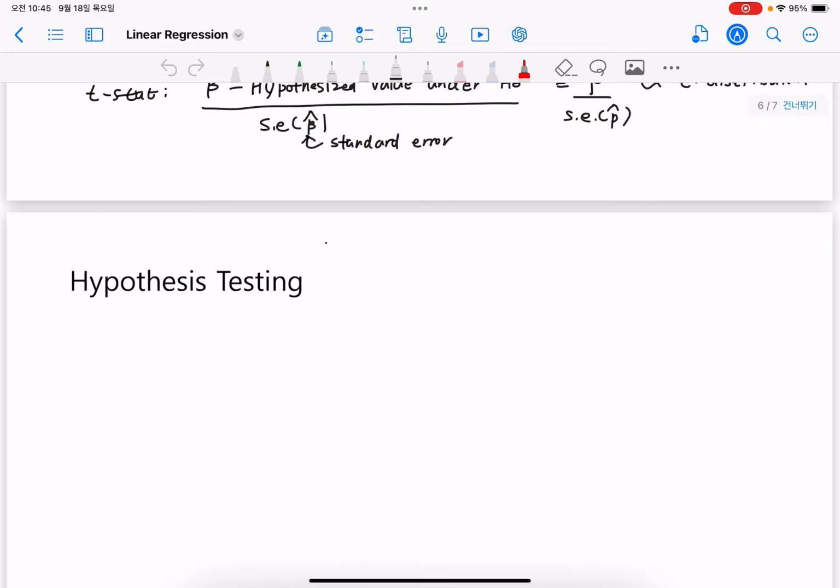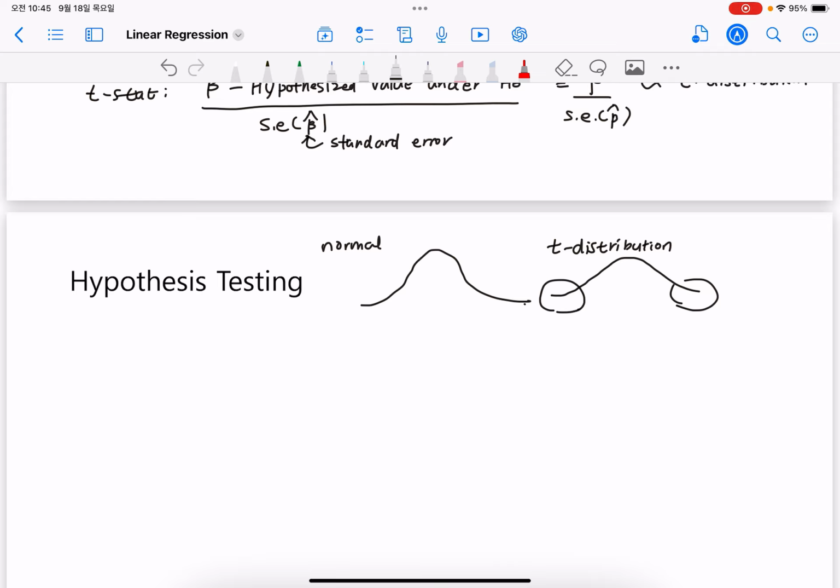Well, you may have heard of the normal distribution, and the normal distribution is a bell curve, right? The t distribution looks very similar to the normal distribution, but with a bit fatter tails on the right and left side. Okay, but it really looks similar to the normal distribution.